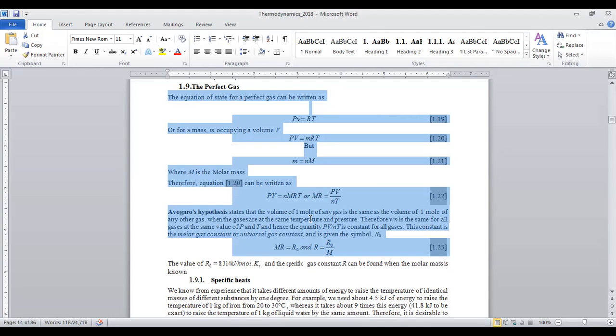Refrigerants, again, property tables and charts.